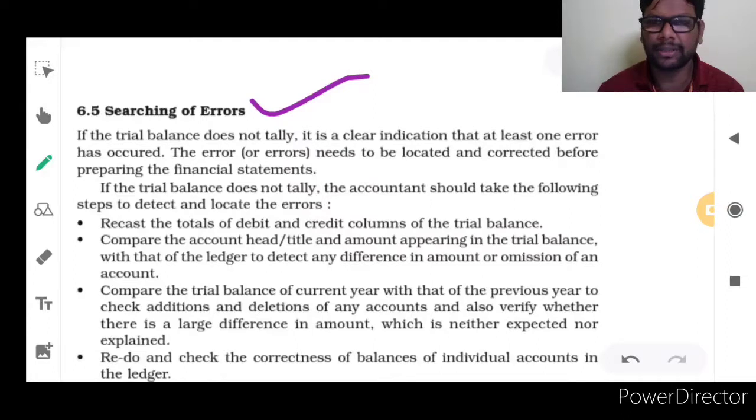Some deviations will be there because the information is already wrong. So before preparing the final accounts, the accountant must correct the mistakes.